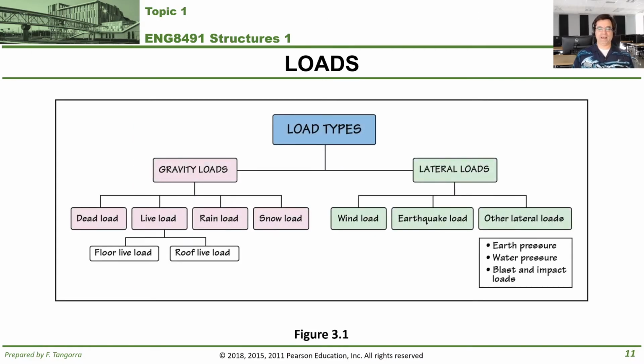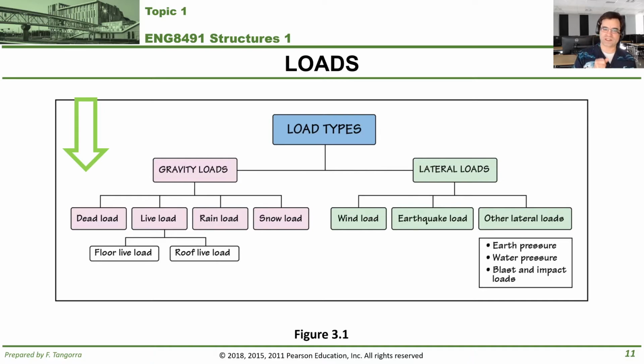Very well. So again, the way that your textbook shows this in this very handy figure, figure 3.1, is it basically divides the load types into two types. The so-called gravity load, and they're described as gravity load because they go more or less in the same direction as gravity, which is basically down, or more precisely towards the center of the Earth.